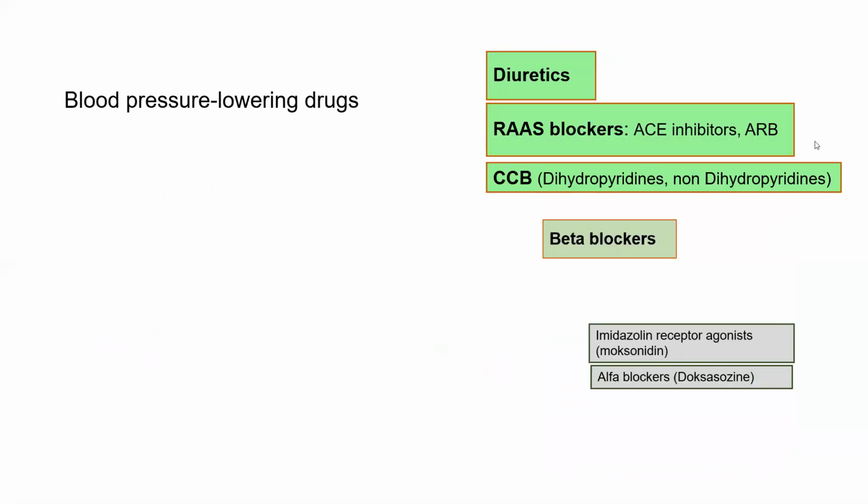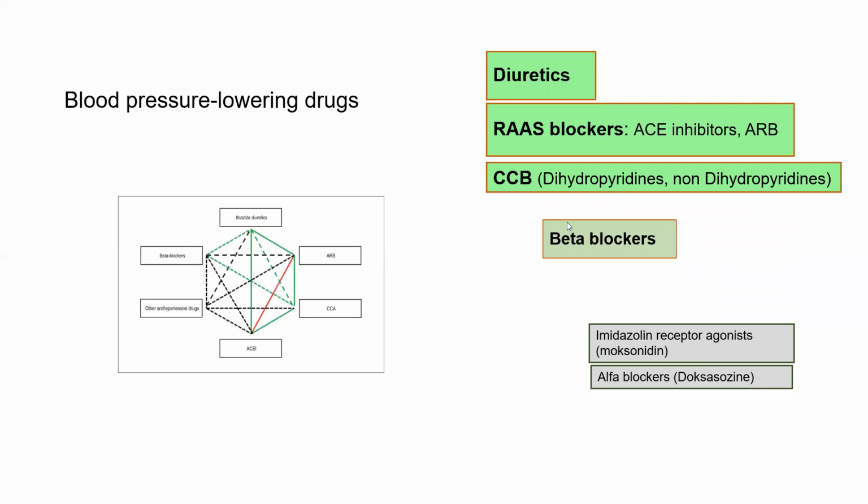As for blood pressure lowering drugs, we have 7 subgroups of antihypertensive medications, but these medications have different clinical meanings in clinical setting.